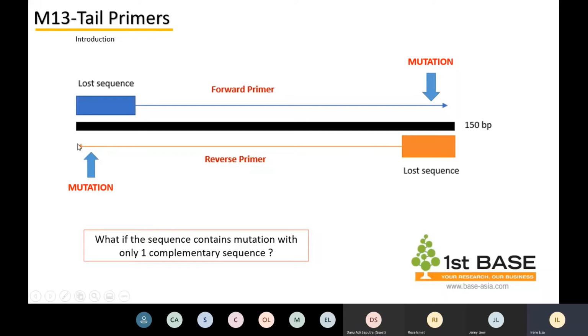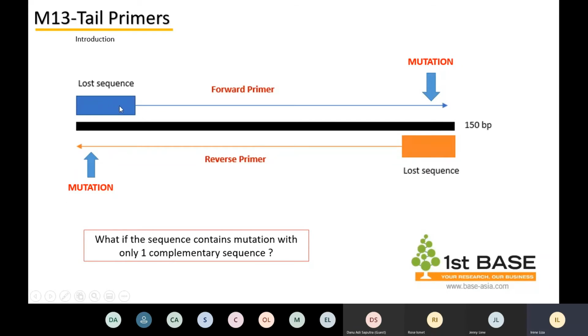You wouldn't know whether it is due to mutation or because of sequencing error, right? Because from here to here, you can see an overlap. Basically, you can get a sequence to see whether it is a true mutation or sequencing error. But on the other hand, here you can't see that, right?